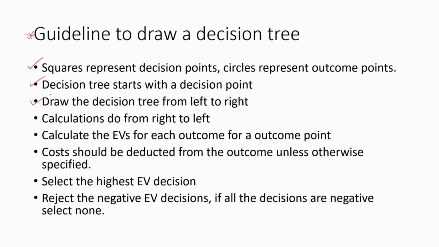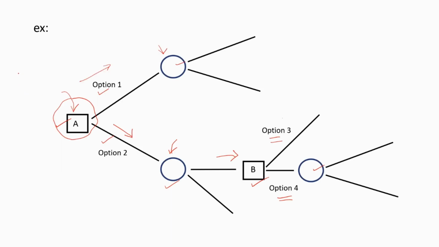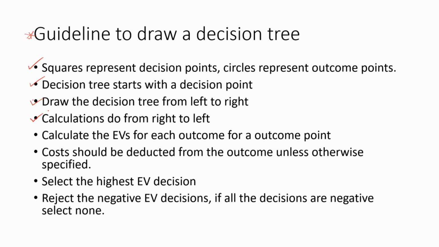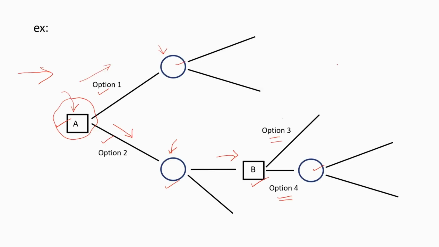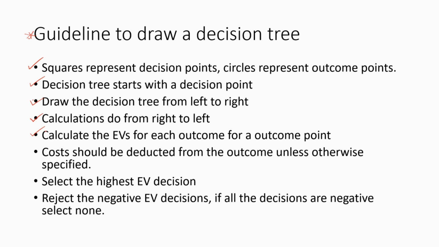Draw the decision tree from left to right. This means you have to start drawing your decision tree from the left hand side to the right hand side. Calculations are done from right to left. After you draw your decision tree, the calculations will start from the right hand side to the left hand side. Calculate the expected values for each outcome point. Let's go back.